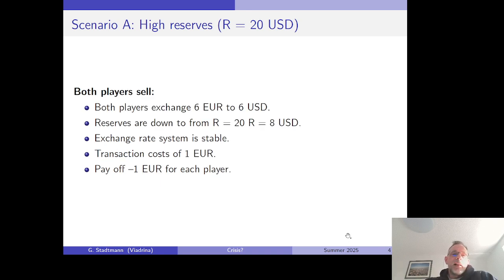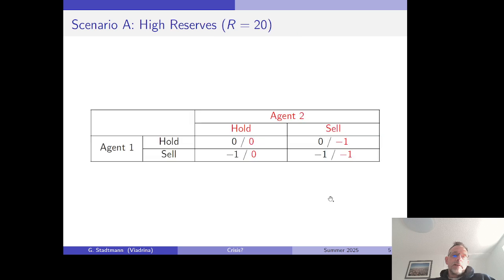If both players sell, then both players exchange €6 to $6. The reserves are down from 20 to 8. But the exchange rate system also here is stable because the central bank is not running out of reserves. The transaction costs are equal to €1, so the payoff is minus €1 for each player. So this is our first payoff matrix.